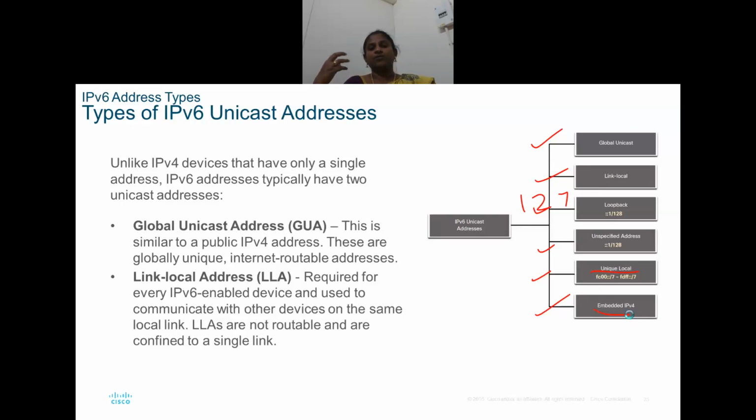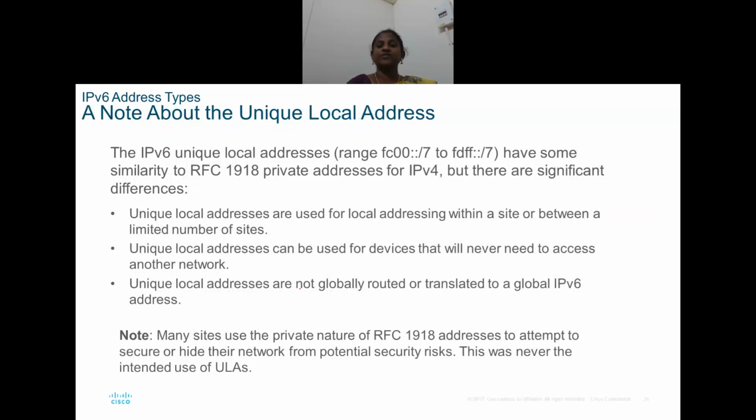Okay. So among these, we are going to concentrate on the GUA, global unicast address, and link local address. So in the coming slides, we are going to discuss what is a global unicast address, how can you statically assign a global unicast address, can we dynamically get a global unicast address, and all those things we will be discussing. Right. And then, as I told you, this is a unique local address.